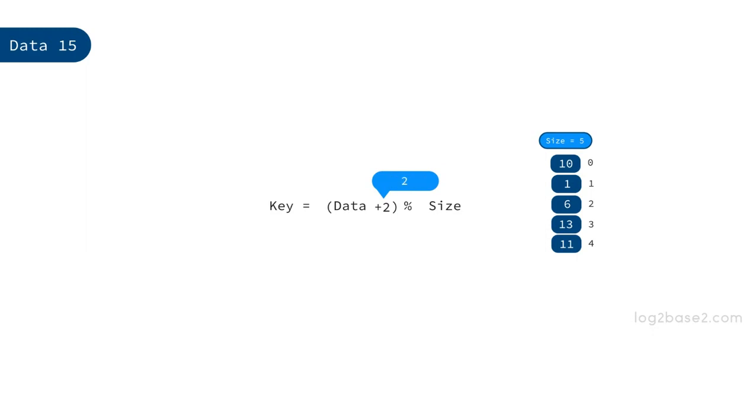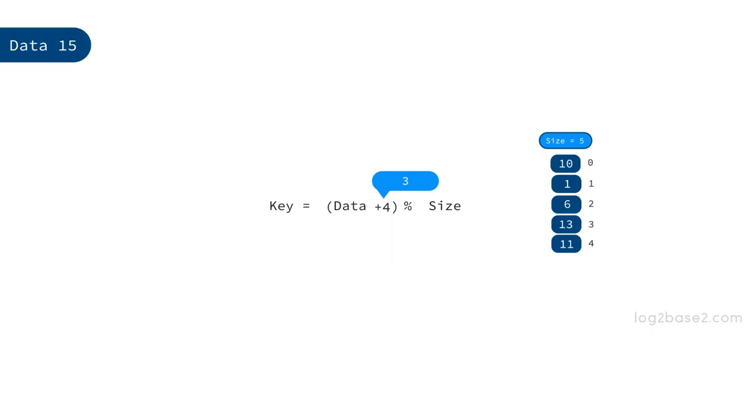And we can see index 2 is also not free. So again increment i and apply data in this equation. And we got (15 + 3) mod 5, that is 18 mod 5, which is equal to 3. Again, index 3 is not free. So again increment i and apply data in this equation.